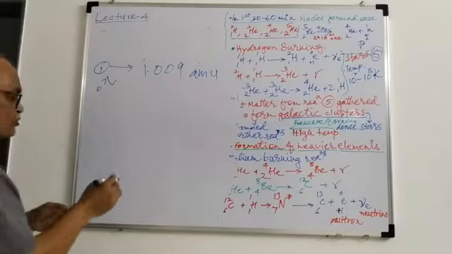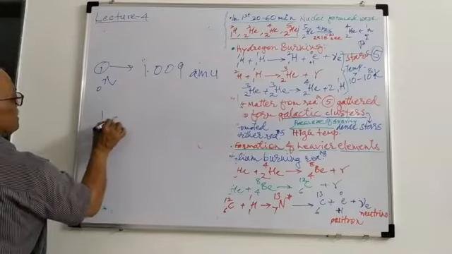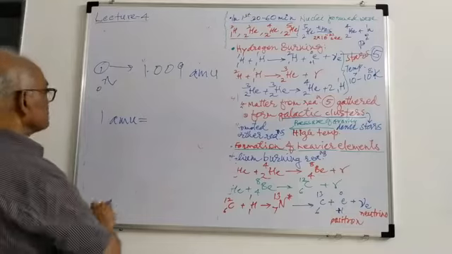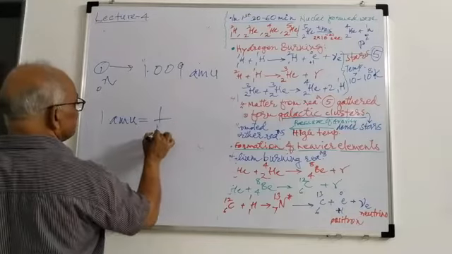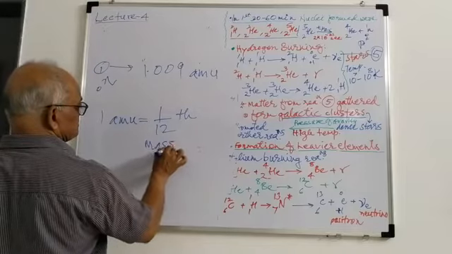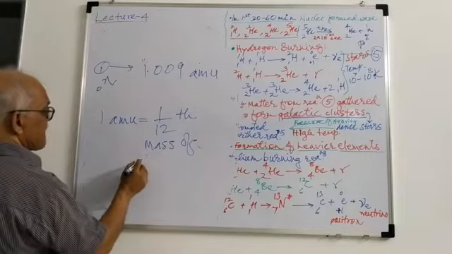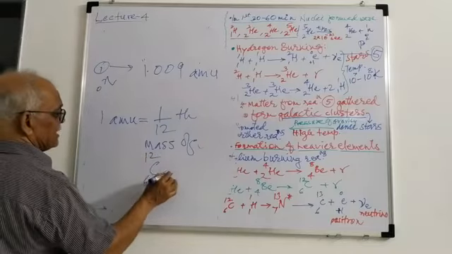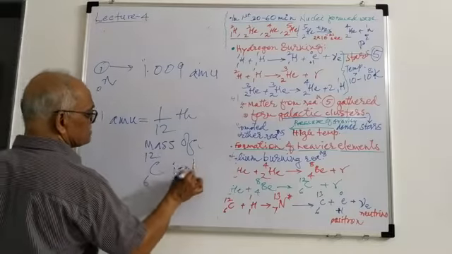So what is 1 AMU? 1 AMU is equal to 1/12 the mass of a carbon 12 isotope.